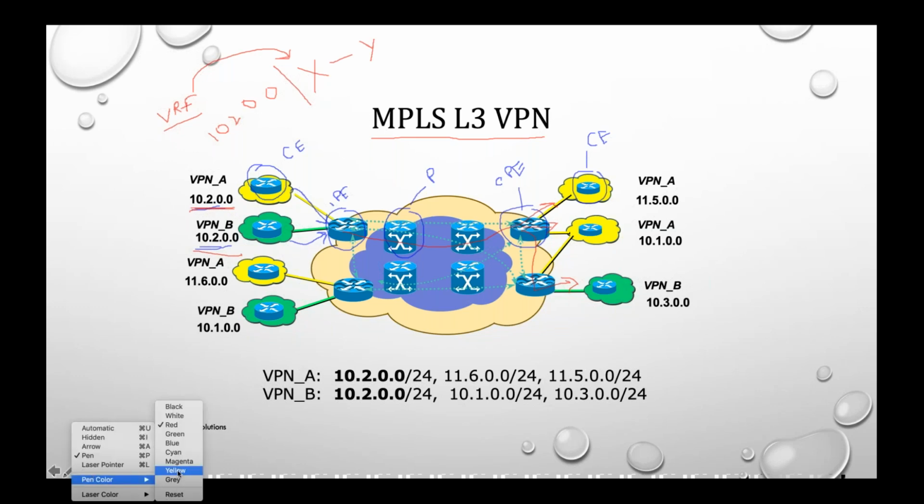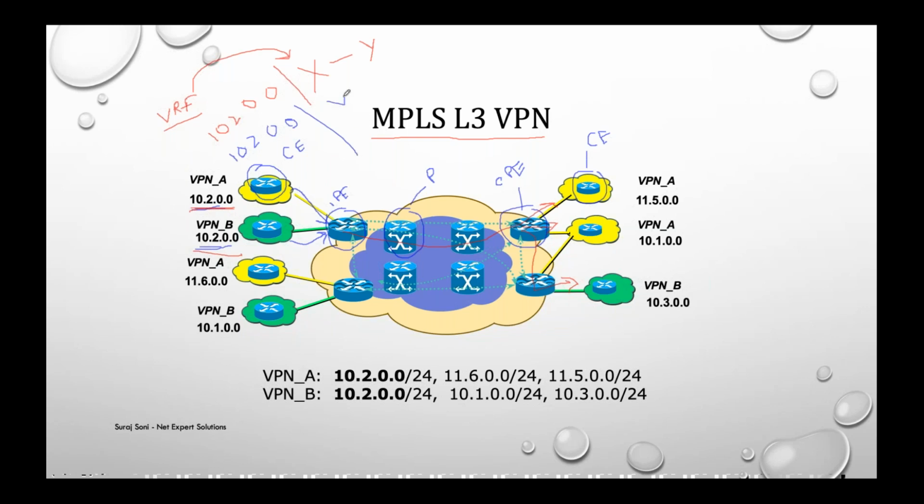For the green customer, it's the same subnet 10.2.0.0, but this one is tagged with Y. This is yellow, otherwise you can get confused, and this is green.